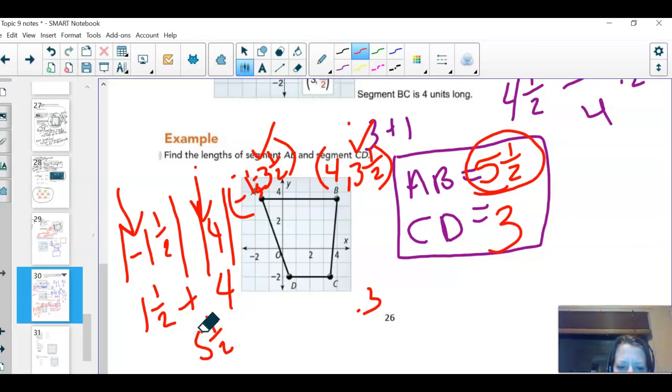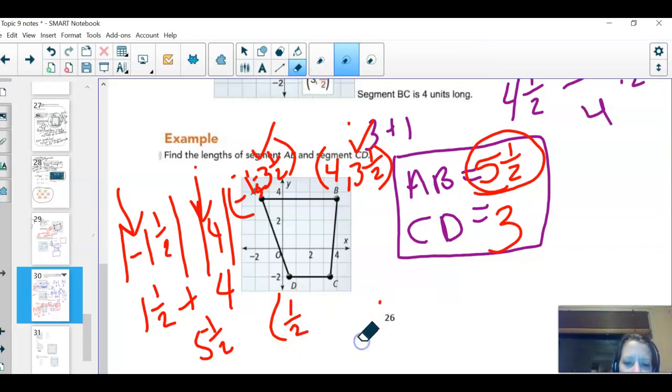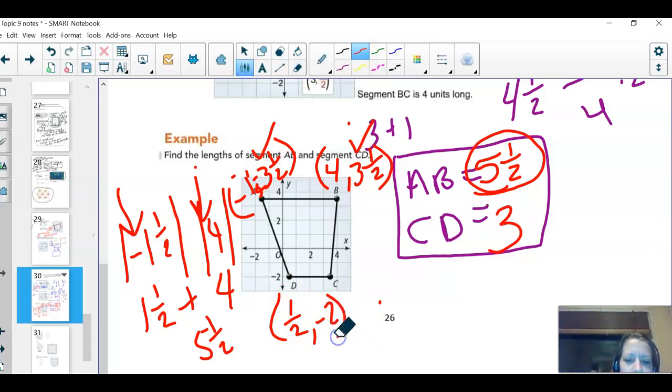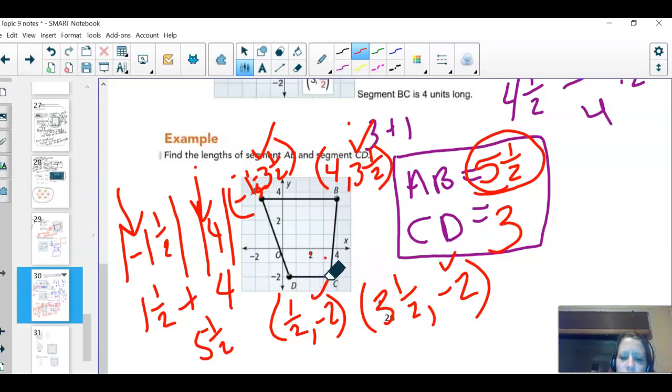Okay? Now let's try the other one. I have D, which is 1/2 and negative 2. And C looks like 1, 2, 3.5, negative 2. These are the same. Estos son mismos. So I have 3.5 and 1/2.